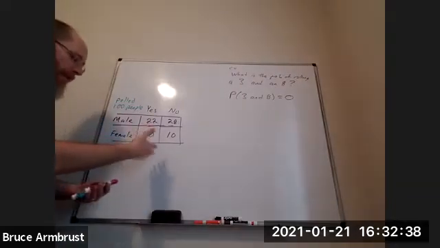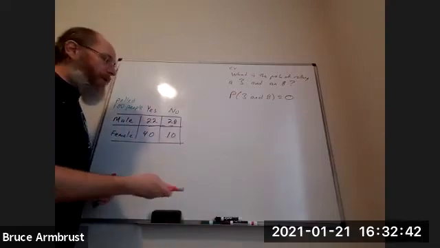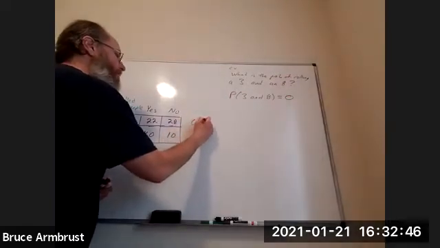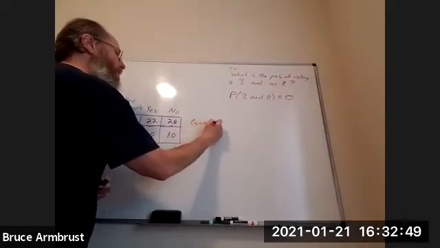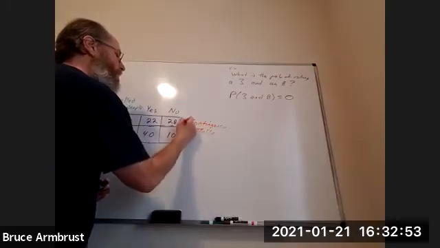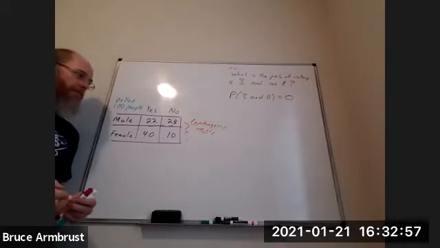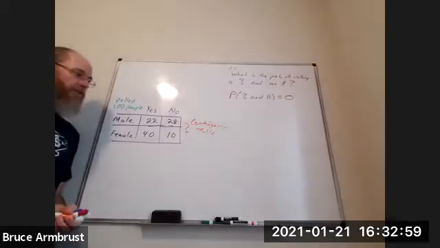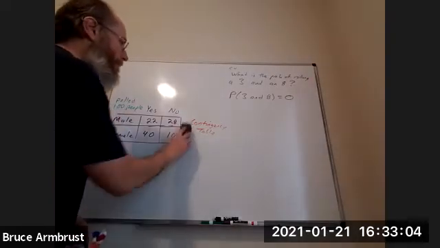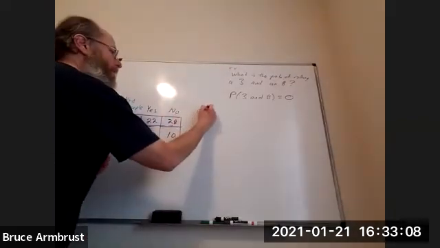Just so you know, because you'll come across this phrase when you're reading stats books or doing homework, this is what we call a contingency table. Basically, it's just storing the information.